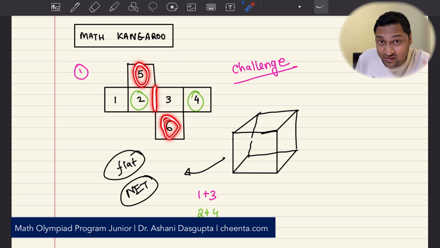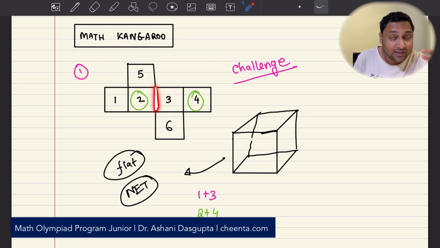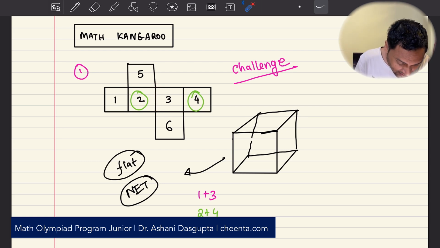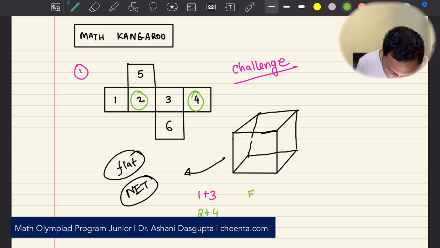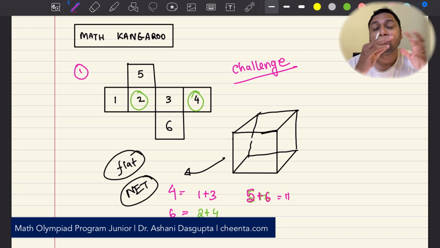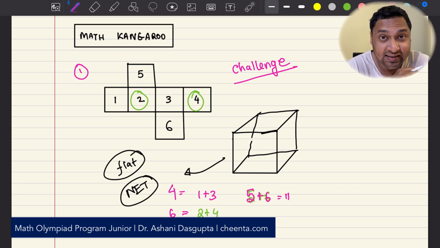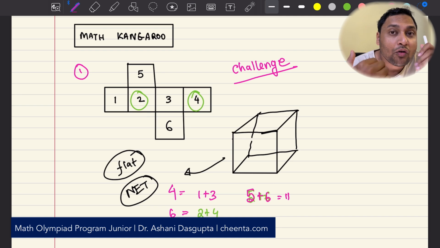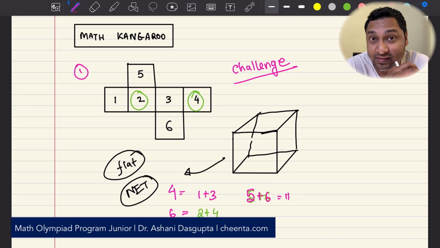It's not really one square that's coming between them. You can't see it like that, but one edge is there. So that will fold back up and make two opposite sides. So 5 plus 6. So you have 4, you have 6, and you have 11. So the answer is 4, 6, and 11. The pair of opposite numbers add up to this. And the main observation is how many squares are coming in between them.